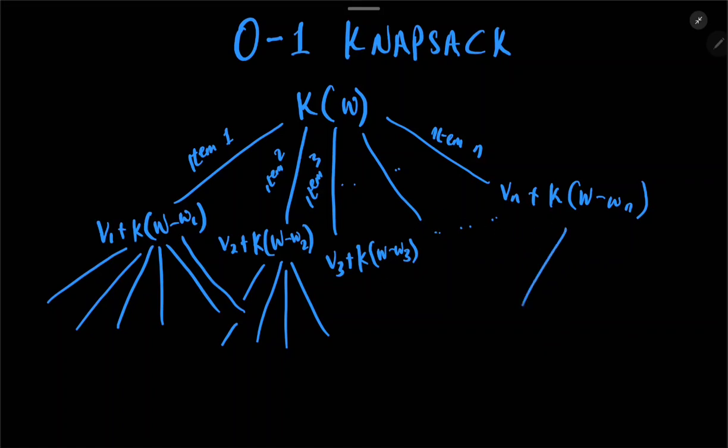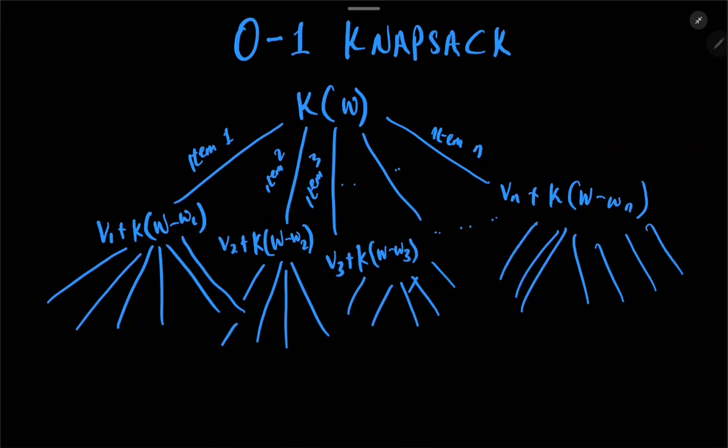So for all of these, you have all options from items 1 to item N again. So we go again for each of these.